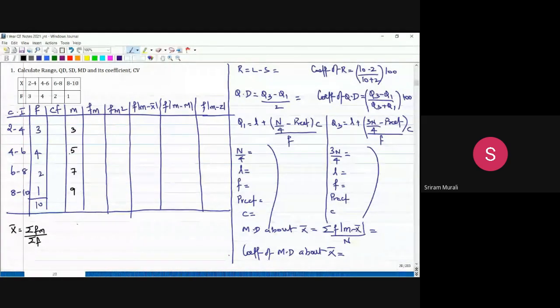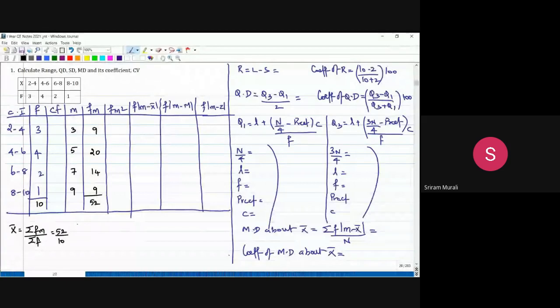Now we have to compute f into m. 3 3s are 9, 4 5s are 20, 2 7s are 14. If you add, you get 52. So this is 52 divided by sigma f, which is 10.